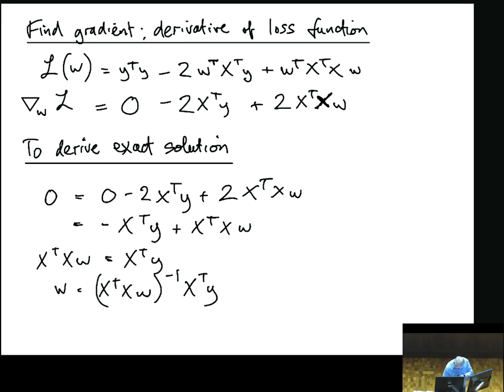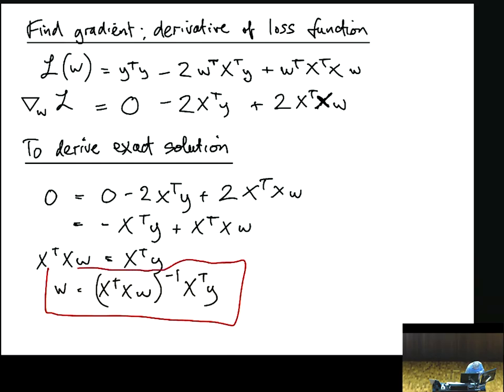And if I haven't messed anything up, you should be convinced that that is the same as this exact solution that we got for linear regression. Okay, so what we've done, yeah. Come again? Thank you. Yes, exactly. Good, I told you I was going to make a mistake. You need to keep an eye on what I'm doing.